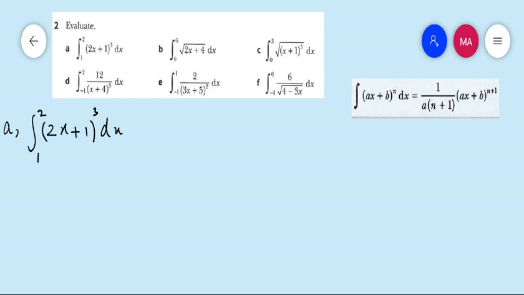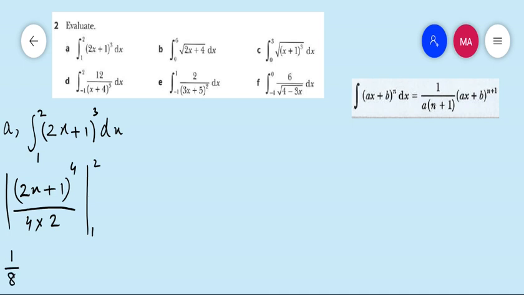So the integration of (2x plus 1) cube is (2x plus 1) to the power 3 plus 1 is 4, upon 4, multiply by the derivative of 2x plus 1, that is 2, and apply the limit 1 to 2. 4 into 2 is 8, 8 goes outside.